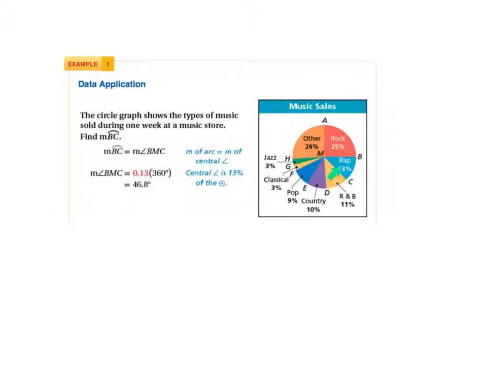So 13% is 0.13, it's 13 out of 100, which is 13 hundredths, 0.13, times 360 degrees. So to find any of these degrees, we would take the percent, make it a decimal, and multiply it by 360 degrees.